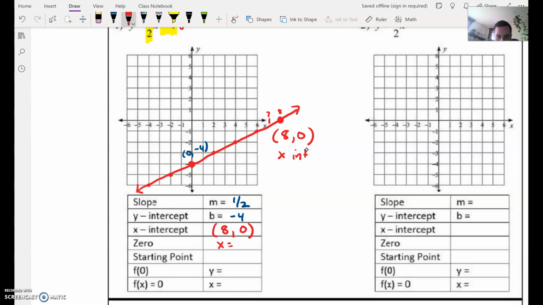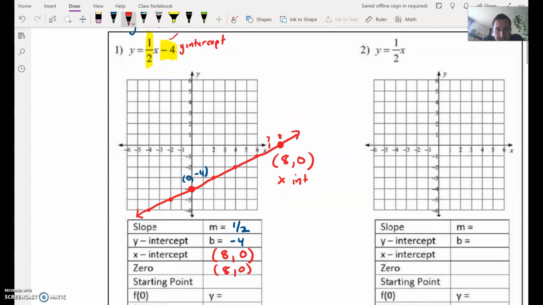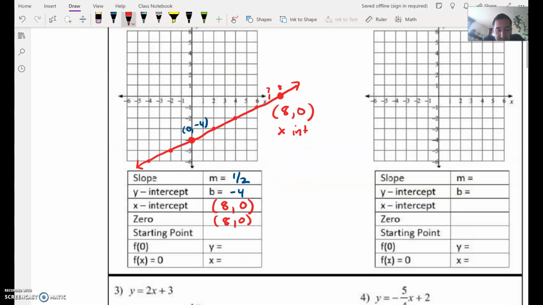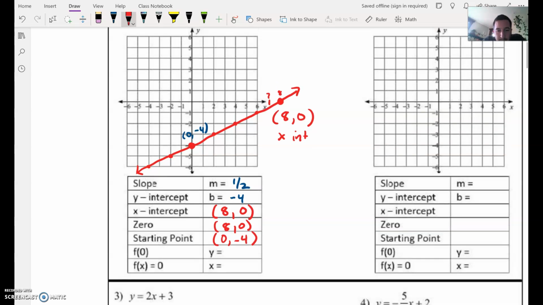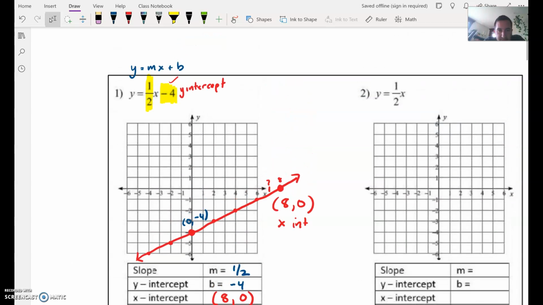So the 0 is also (8, 0). What was our starting point? Do you remember? What was the very first thing we plotted on this graph, the starting point? That's actually the y-intercept, (0, -4). Okay? And then these last two things, f of 0 versus when is f of x equal to 0. I'm going to show you that up here in this space.